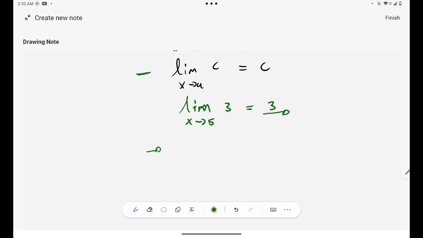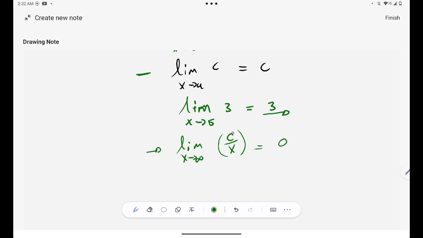And then another thing I want us to know is that the limit of c over x as x approaches infinity will always be equal to 0.